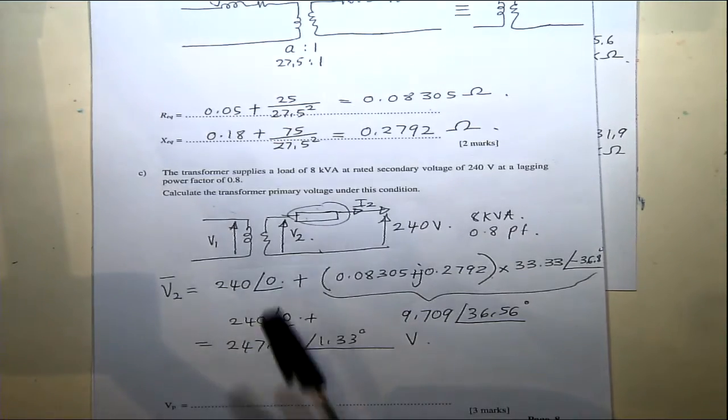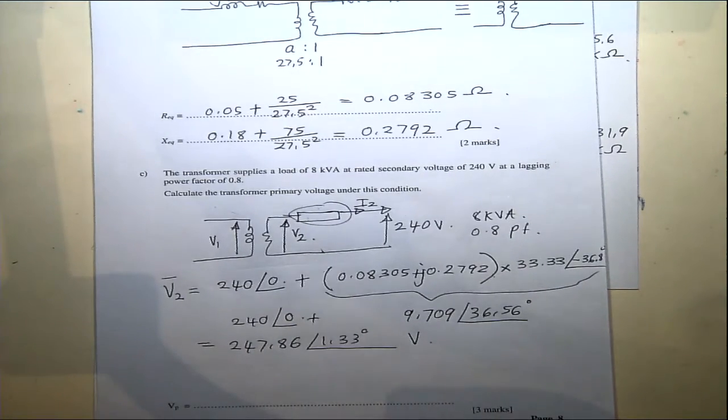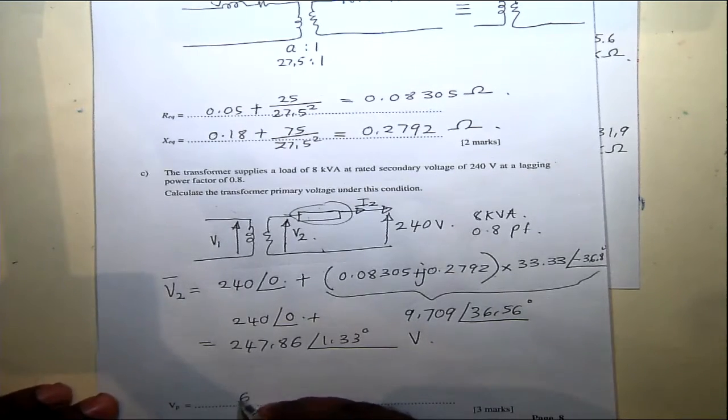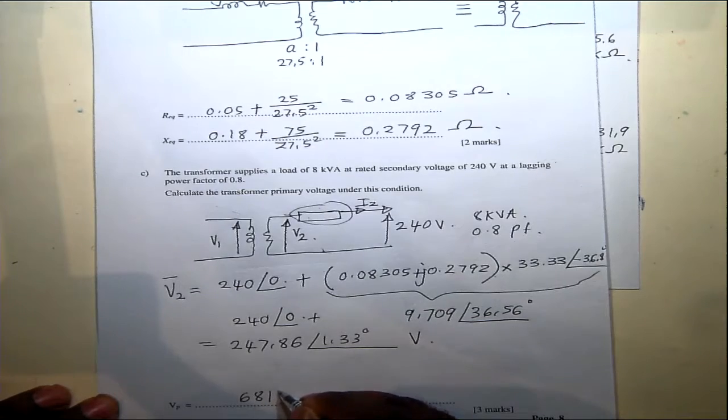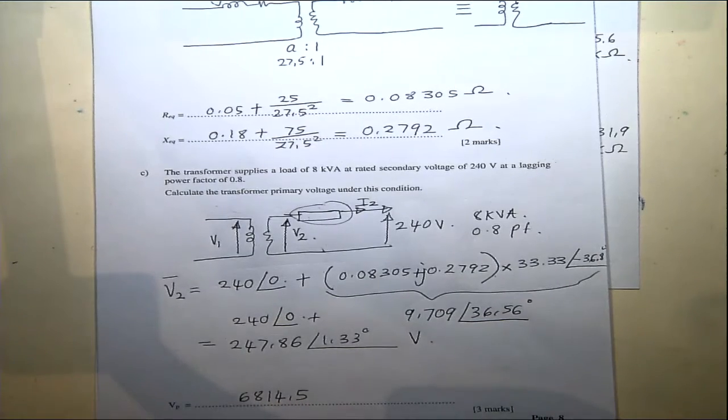That's the V2 value there. So we need to find the primary voltage. So we need to multiply this magnitude by the turns ratio. So that multiplied by turns ratio gives you 247.8 times 27.5 gives you 6814.5 volts primary voltage.